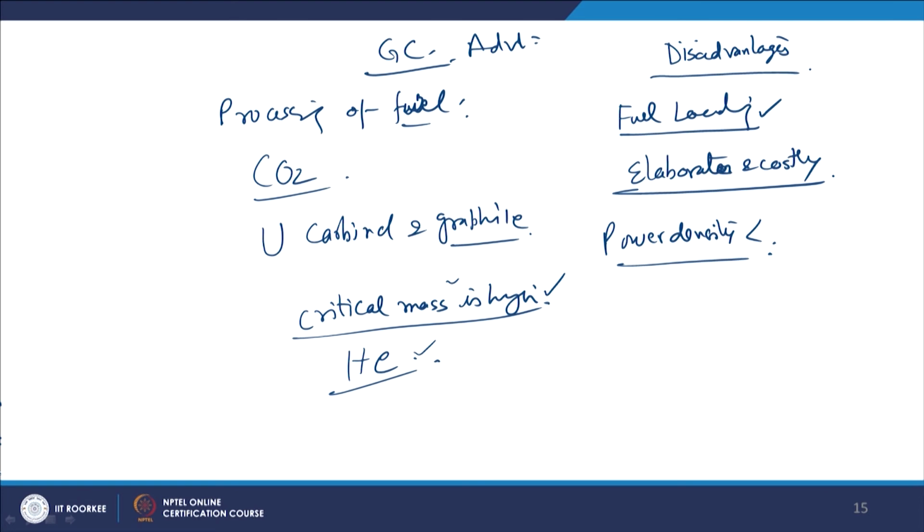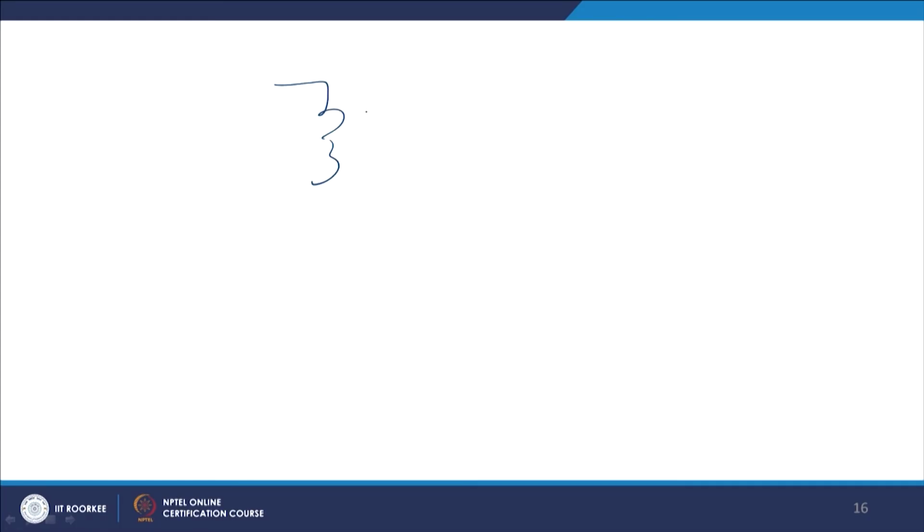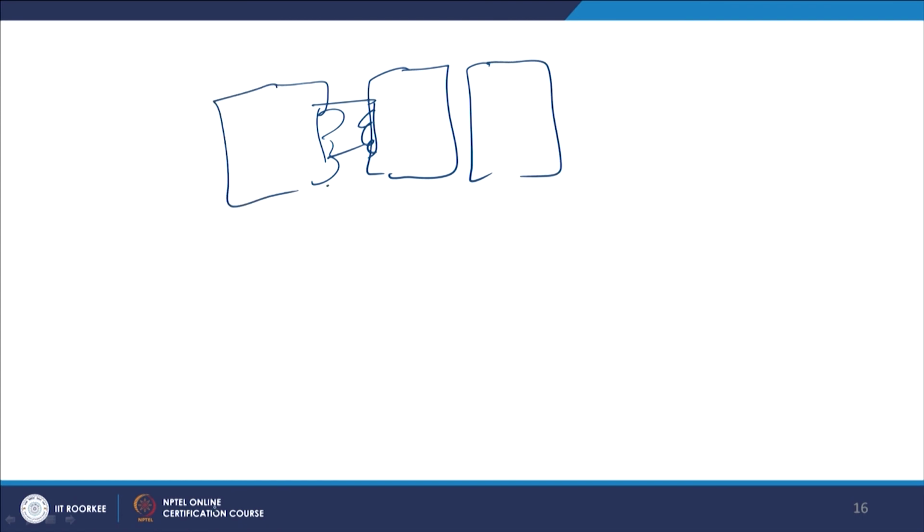And gas cooled, next is liquid metal cooled reactors. In previous lectures also I have drawn the schematic of the liquid cooled reactor, where there are two heat exchangers. So, in these liquid metal type of reactors, sodium is used at 7 bar.